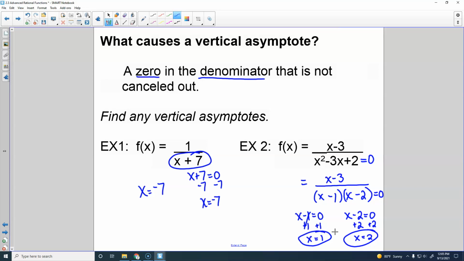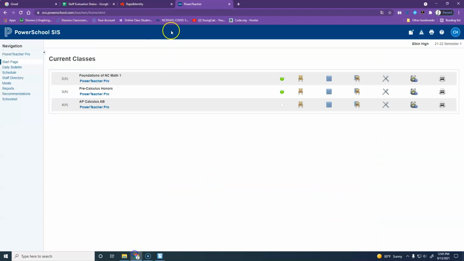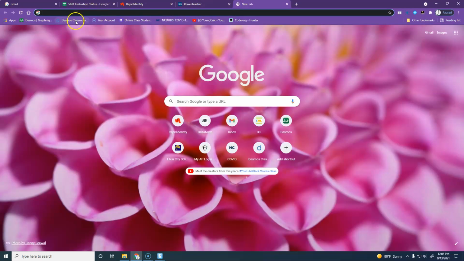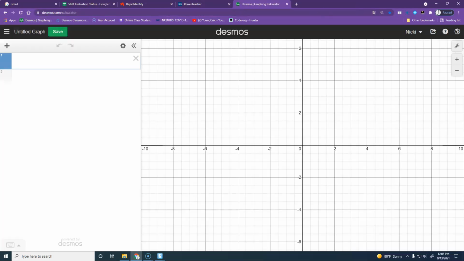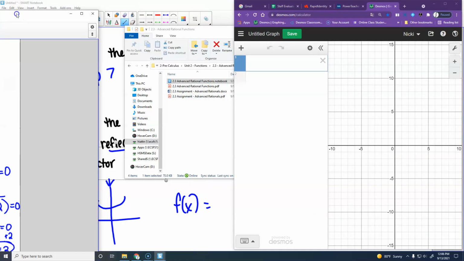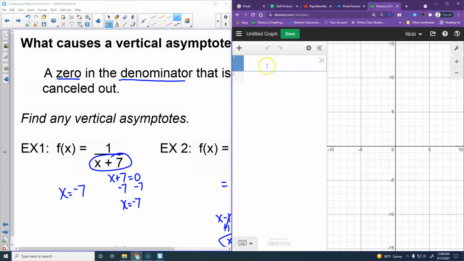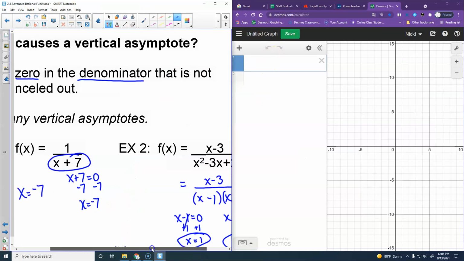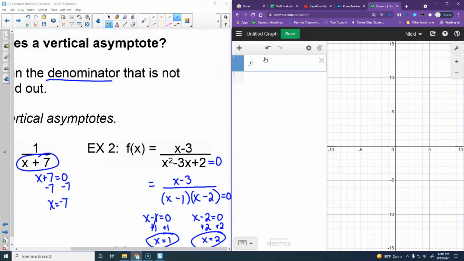One thing you can do when you're doing your homework, you can't do this on the quiz, but as you're working on your homework, if you want to confirm, just type your equation into Desmos. One thing I love about Desmos is it's so easy to type the equation in. It's so much easier than the calculator.